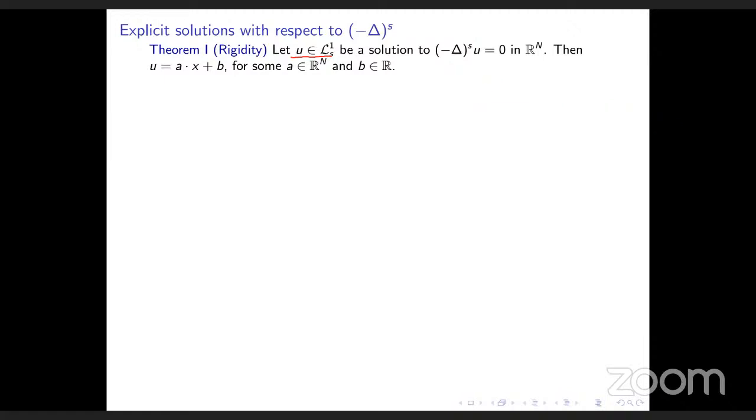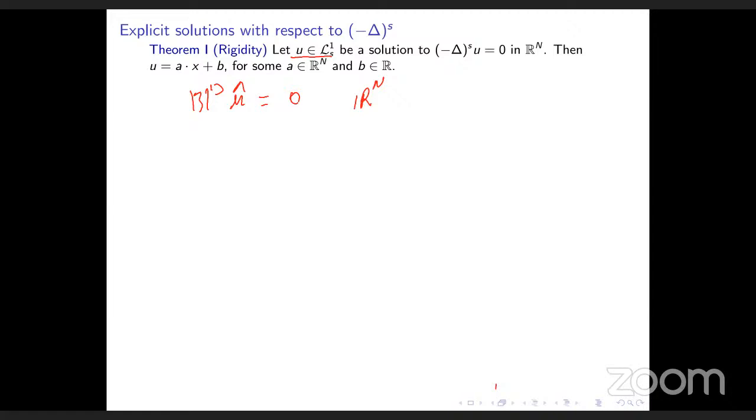Let me see. If I look at the Fourier transform, then I will see that |ζ|^{2s} û is 0, but |ζ|^{2s} is different from 0 everywhere except at 0.